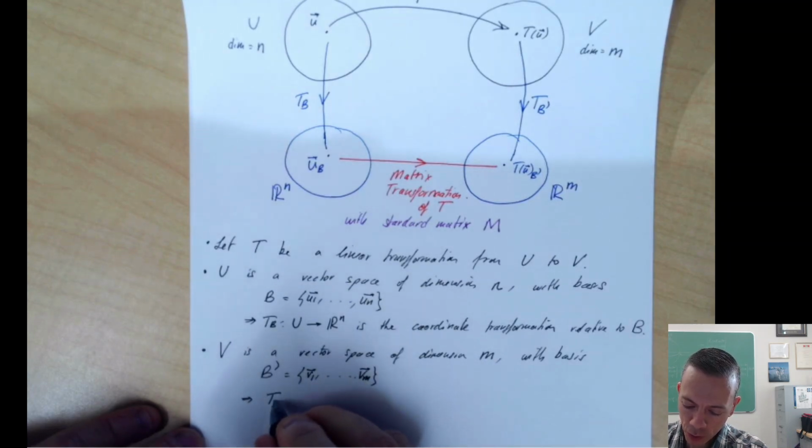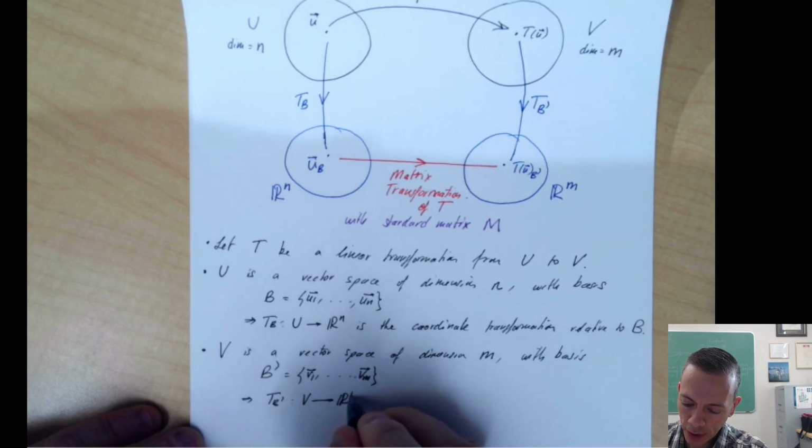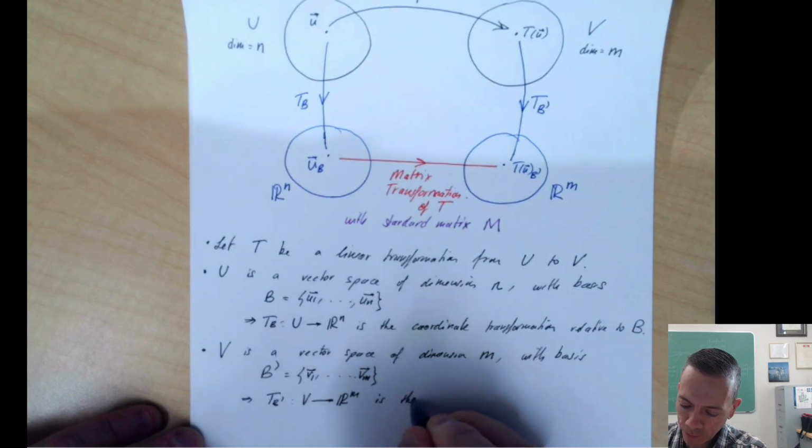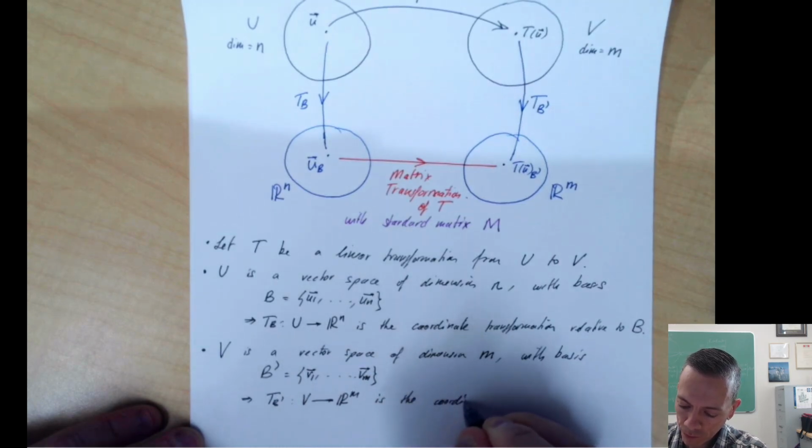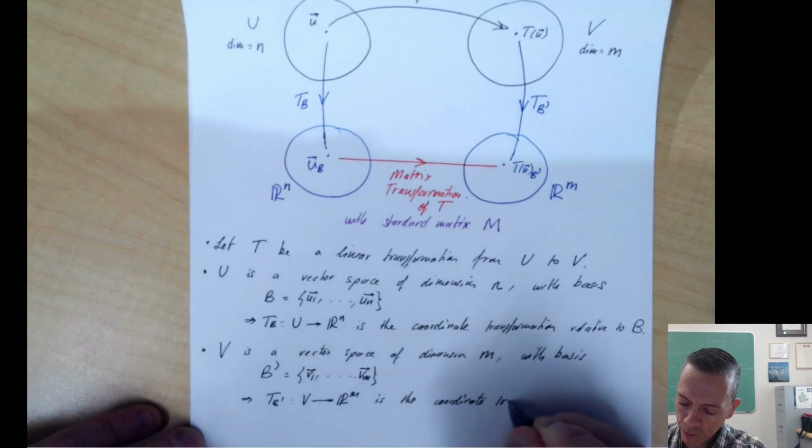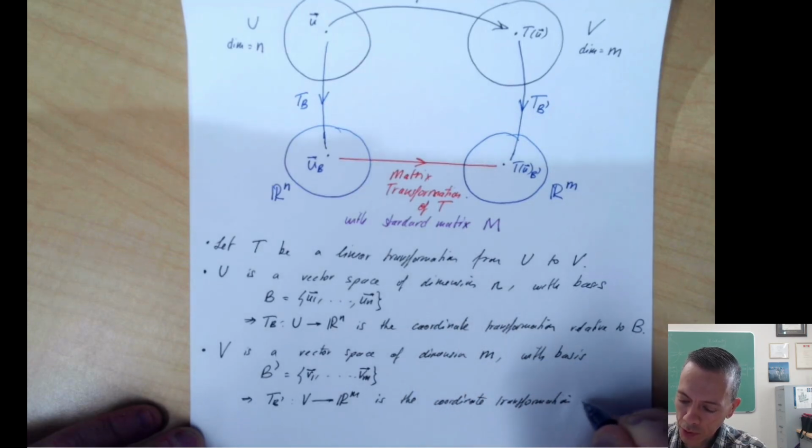And we have the transformation T_B', which goes from V to R^m, which is a coordinate transformation relative to B prime.